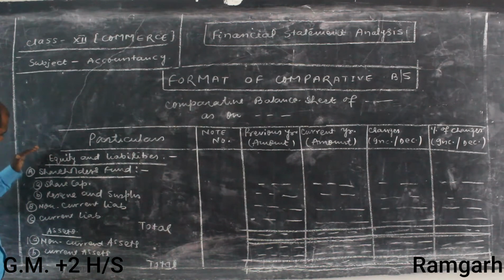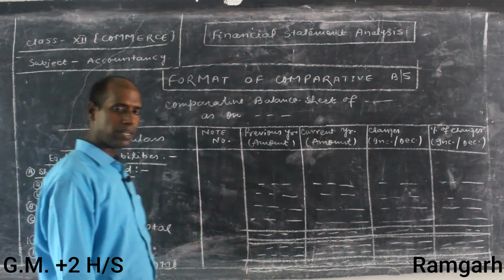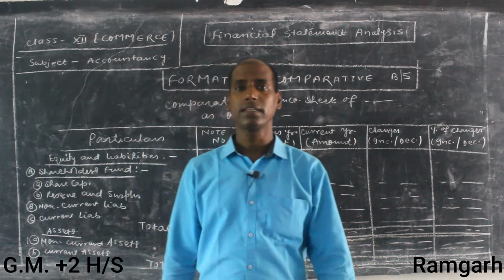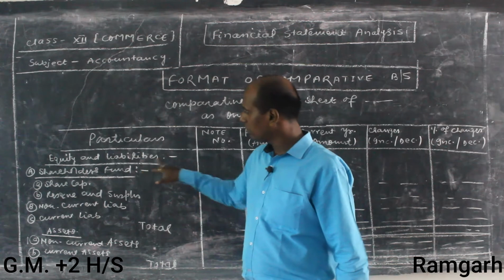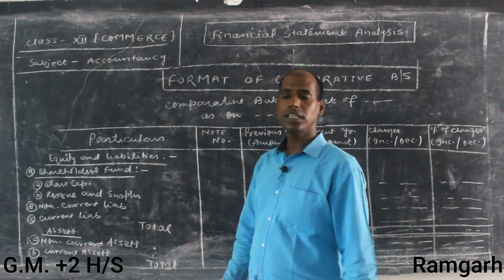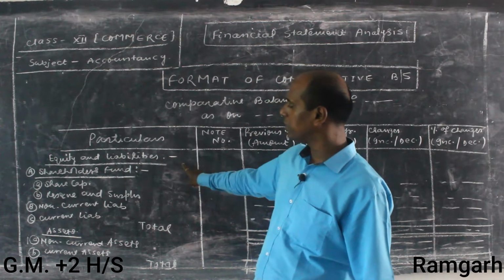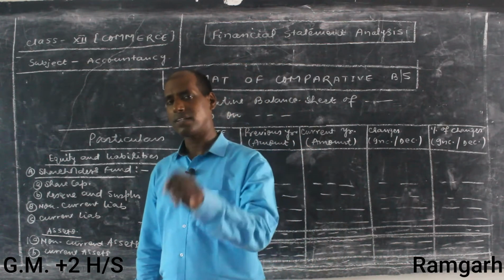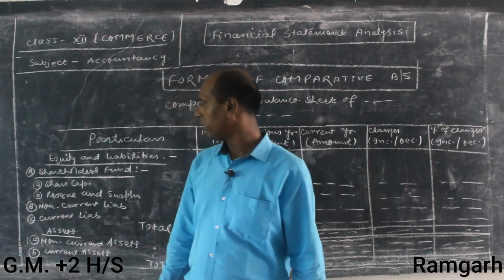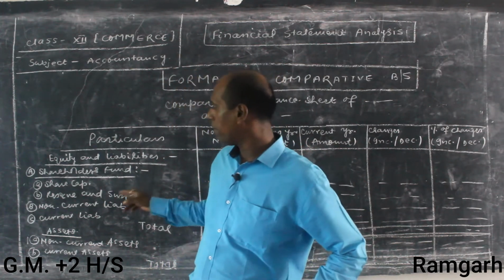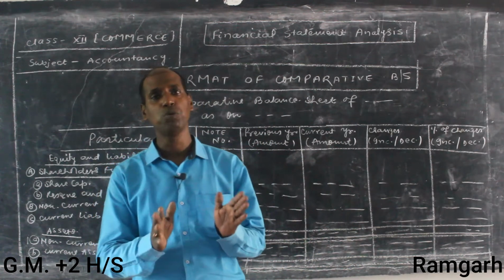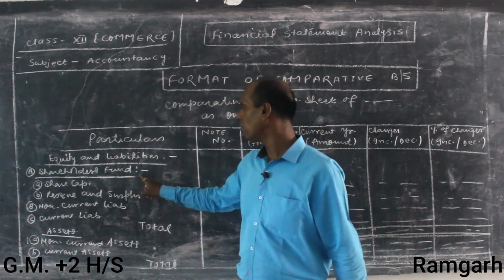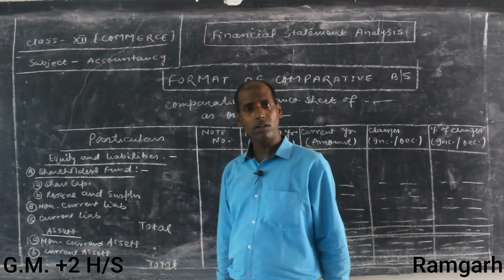How can we take it? First, as per the balance sheet format of the company accounts, first we take equity and liabilities. Equity and liabilities have 3 parts shown in it. First of all, you have to put the shareholder funds.